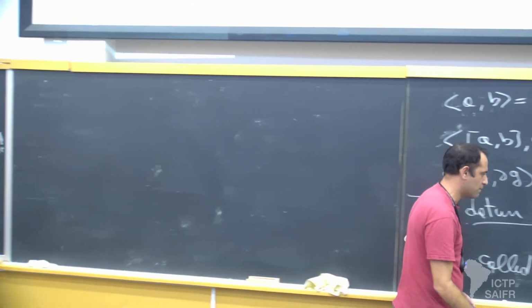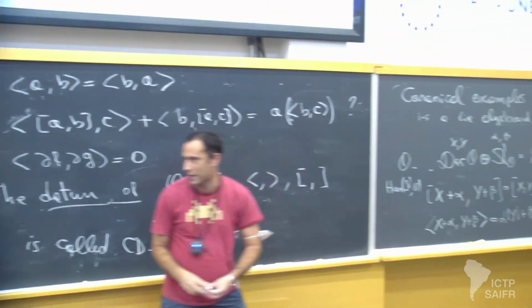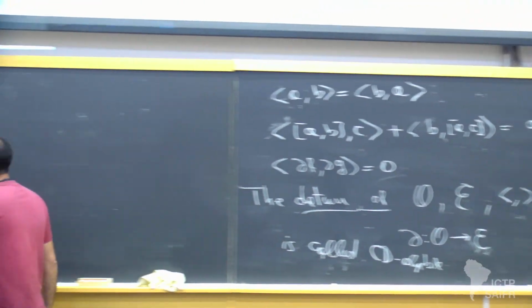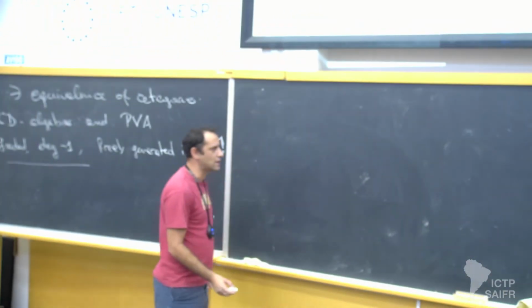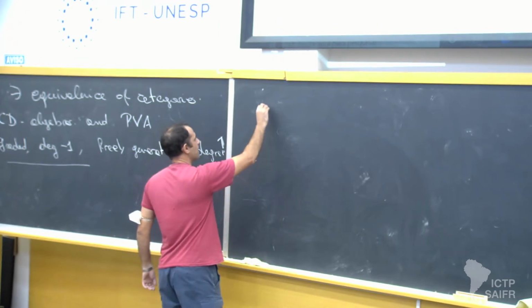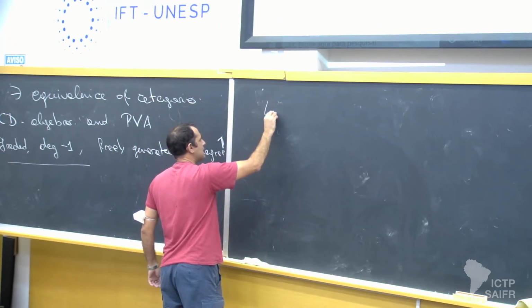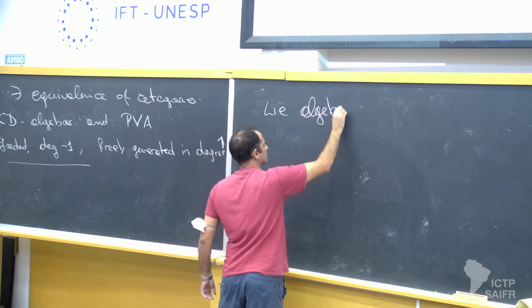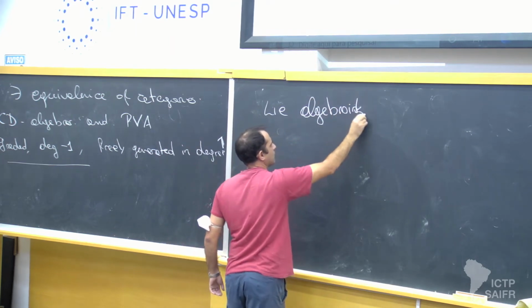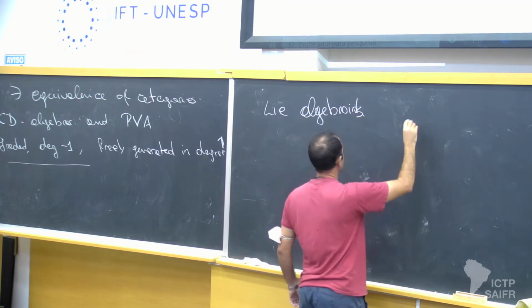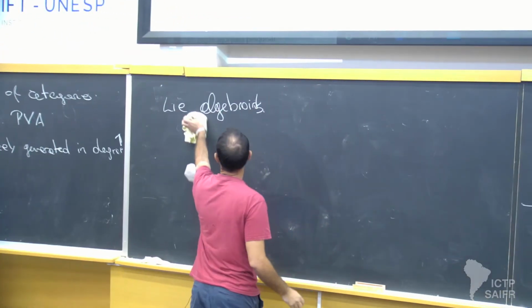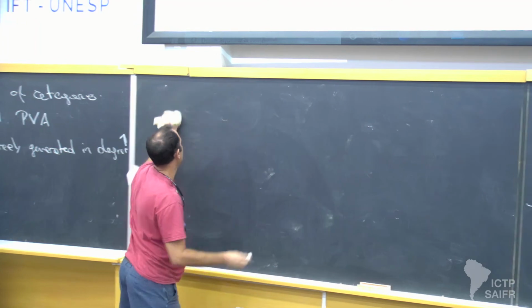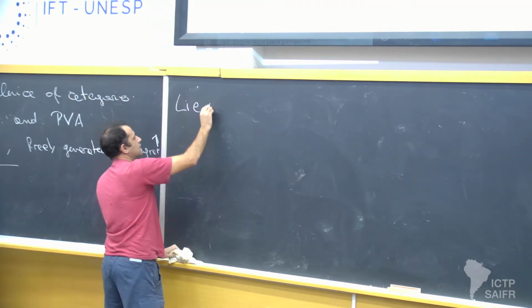All right, this brings us to a table that I think is nice, and since this is a physics institute, I want to mention it. We have Lie algebroids.